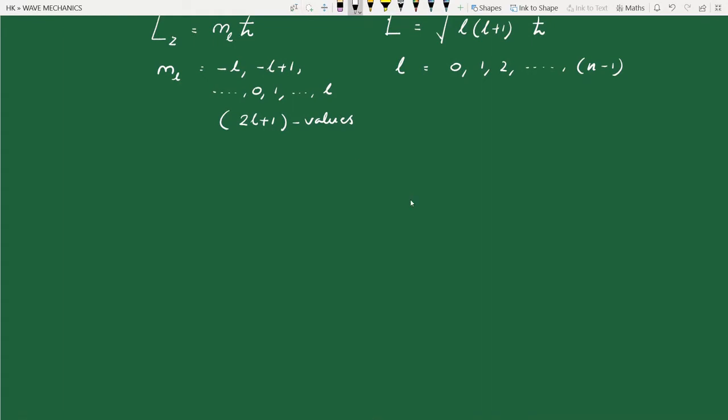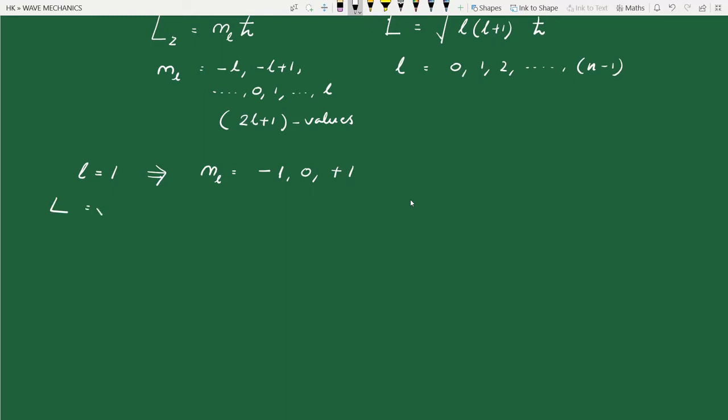Suppose let us say we have an angular momentum state l equal to 1. We know that this is the P state. So l equal to 1, which means ml has values minus 1, 0, plus 1, right? And if small l equals 1, what is capital L?